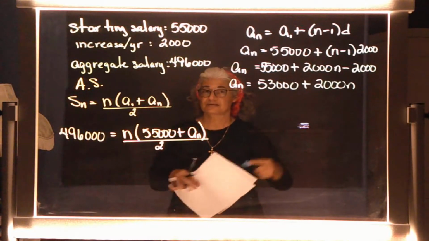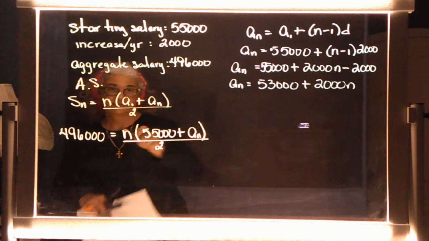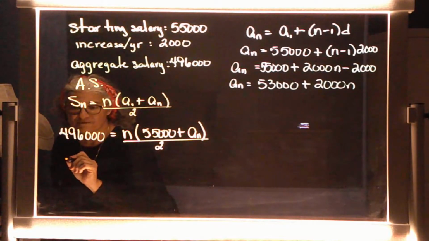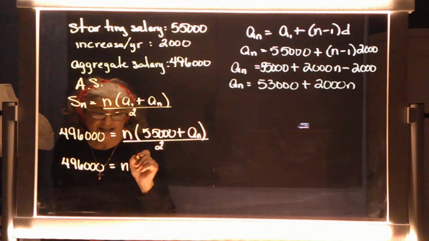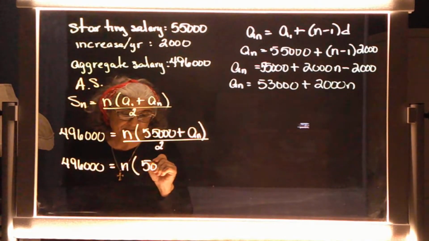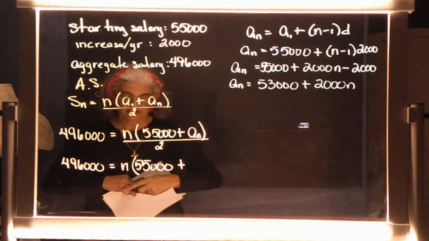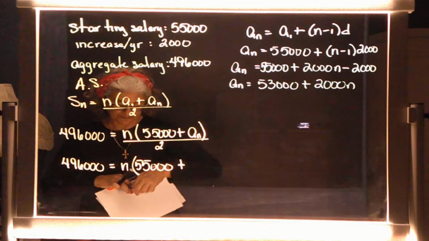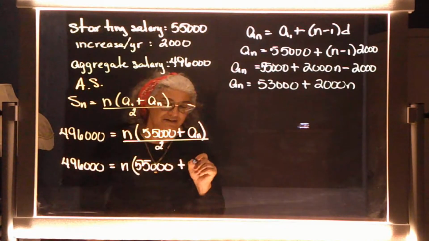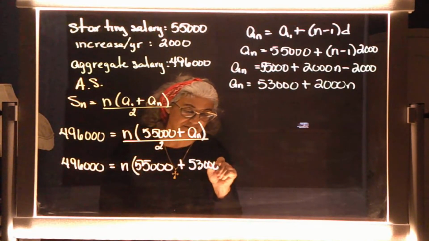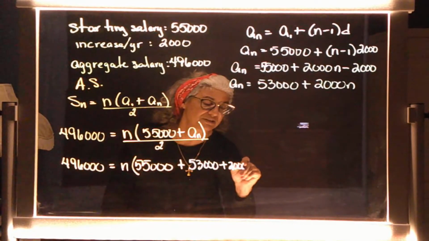Which means I can rewrite this problem as 496,000 is equal to n times, in the parentheses, the quantity of 55,000 plus 53,000 plus 2,000 n.